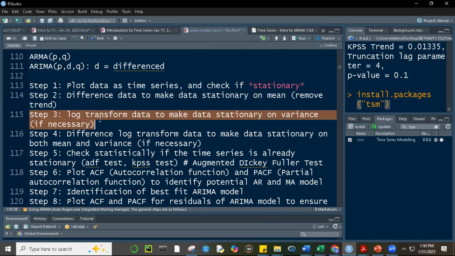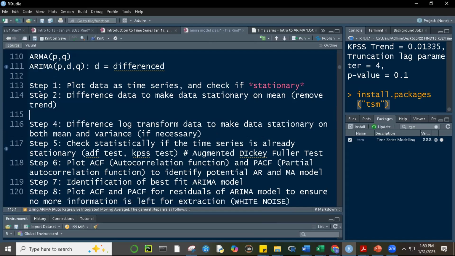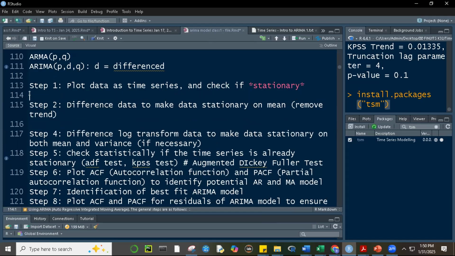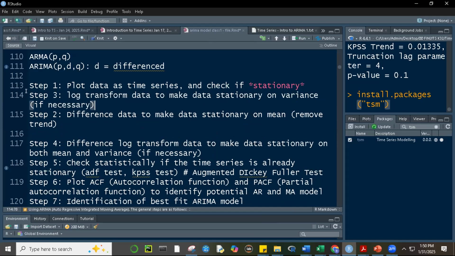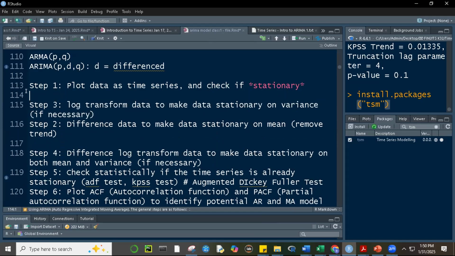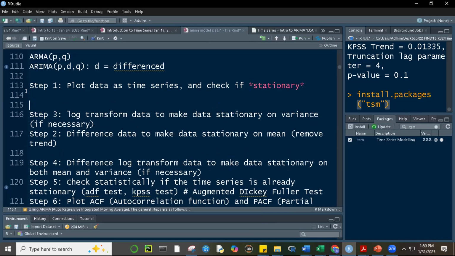So why don't we do that? Control X, okay. Control V. So maybe you can put here: if data has non-constant variance and non-constant mean.